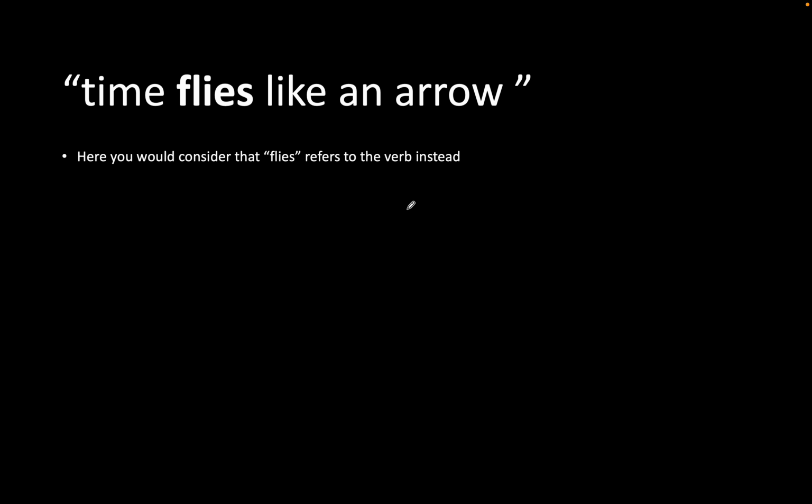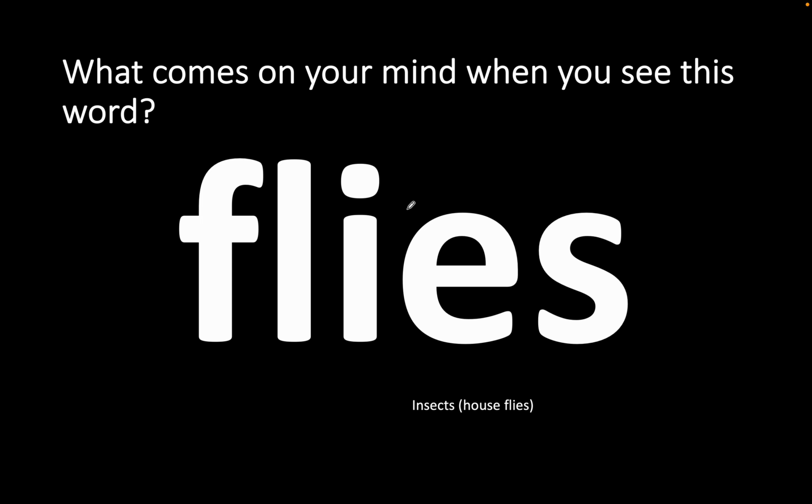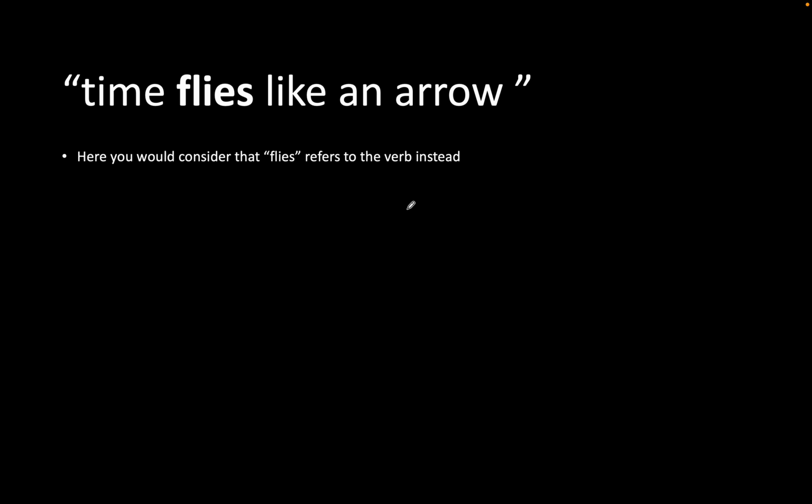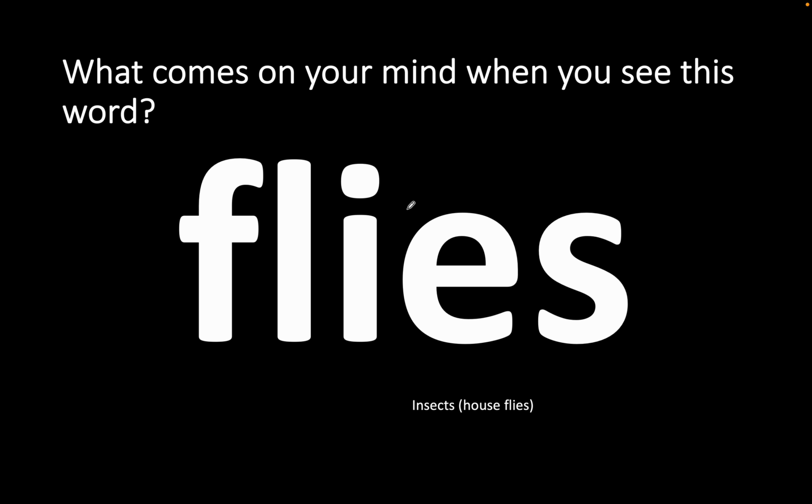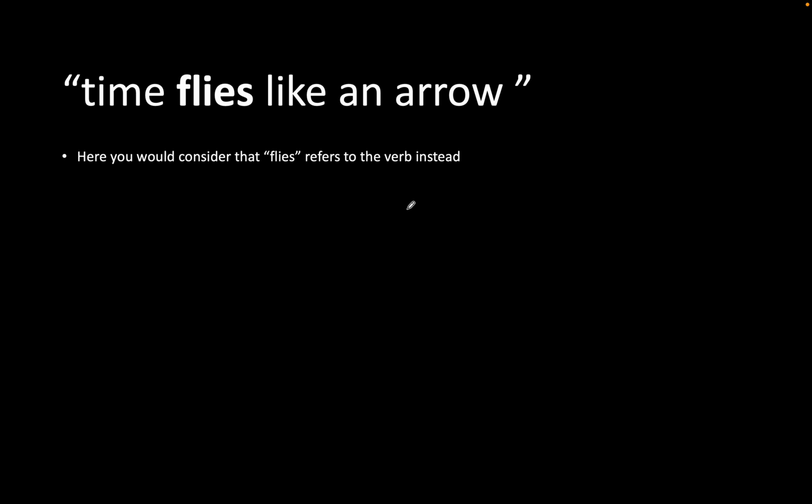No. If you take the example, time flies like an arrow, the flies has a different meaning than in the first. What we can generalize from this is that the same word can have different meanings as per the context. Here it is a noun and here it is a verb.